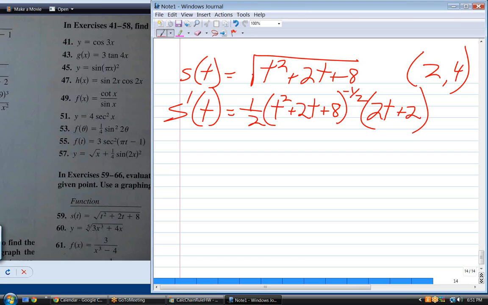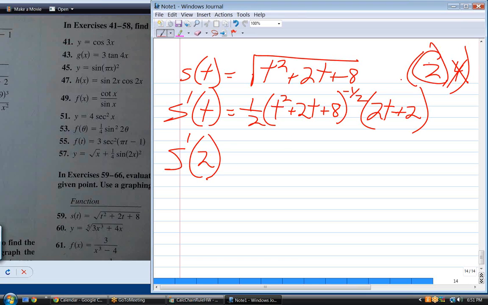So would you just plug in 2 for t? Yes. In other words, what they're saying is, what is S prime of 2? We don't need the 4. Once you get to implicit differentiation, you will need the 4. When you get to implicit differentiation, you end up with y prime being a function of both x and y. For this we're still explicitly differentiating. The only evaluation they're ever going to want us to make is when the one variable is equal to that. So that's always going to be the key variable.